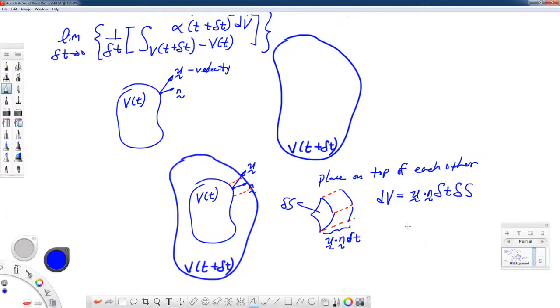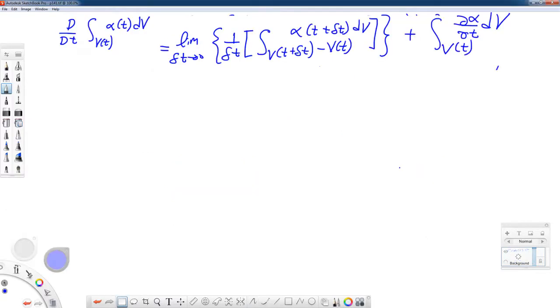Alright, now that we have that, let's go back and take a look at our line that we have again. Okay, so that's where we have it so far. But now, with that other explanation of the dv, we can look at the time derivative of the integrated field variable over that time.